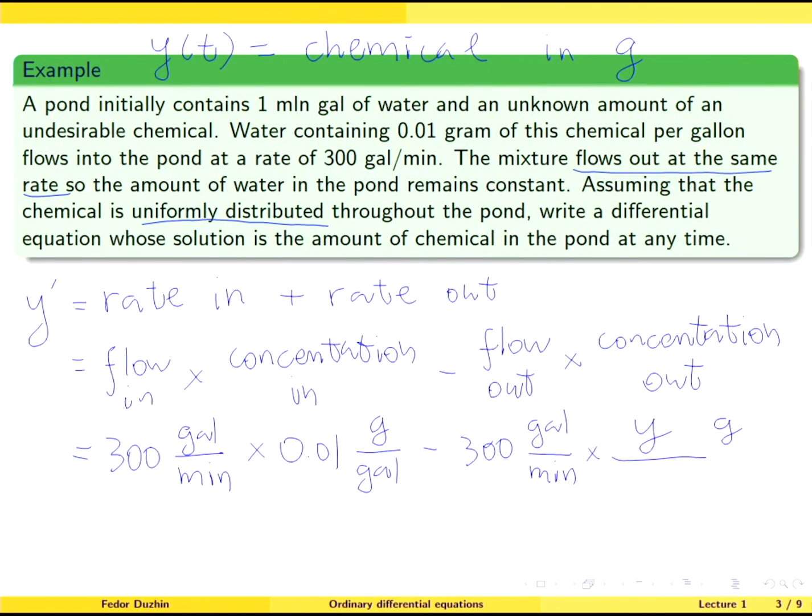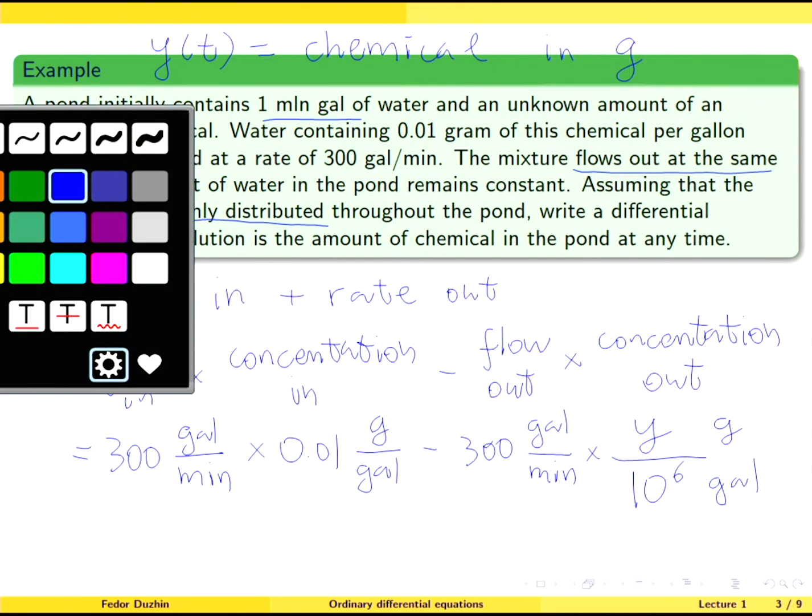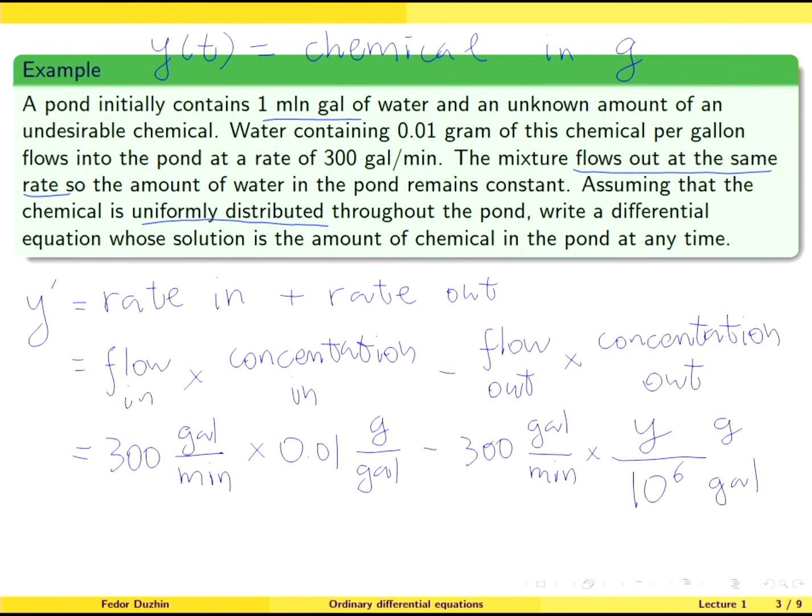grams, and the total volume of the pond is 1 million gallons. So I will write 10 to the 6 gallons. Now notice that the units are actually correct because gallons and gallons cancel out here.